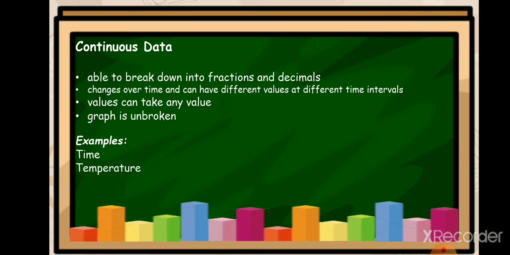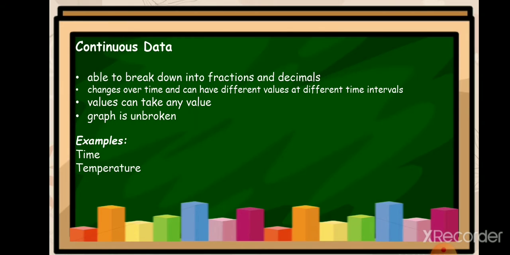How about continuous data? It is able to be broken down into fractions and decimals, changes over time, and can have different values at different time intervals. Values can take any value, and its graph is unbroken.